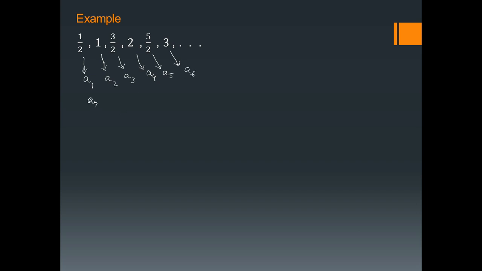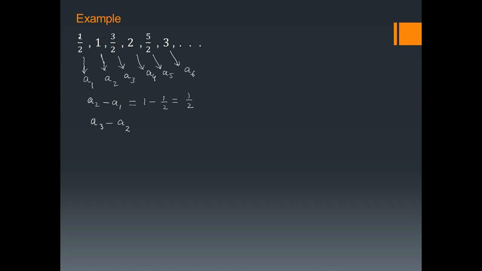So A2 minus A1, what is this? 1 minus 1 by 2, which is 1 by 2. Now A3 minus A2, third term minus second term. This is the difference: second term minus first term.